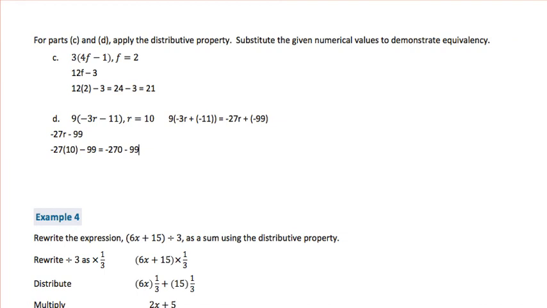And again, you can rewrite this as addition. Negative 270 plus the opposite of 99, which is negative 99. And then it will be easier to see that you are adding these two numbers together because they have the same sign. So when you add them together, you'll keep the sign, and you will get negative 369.